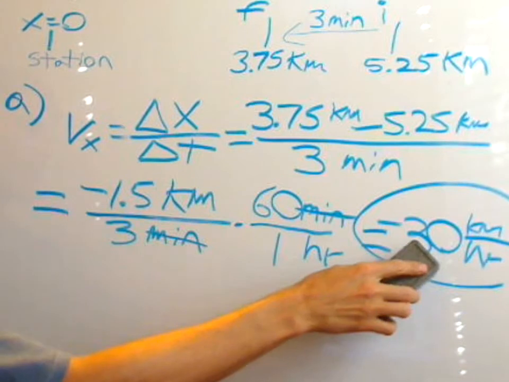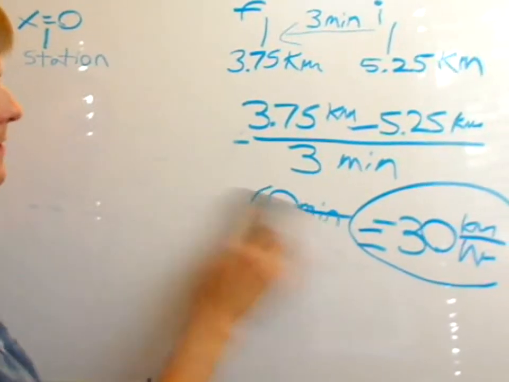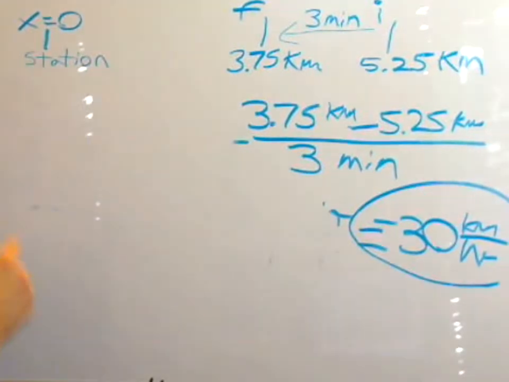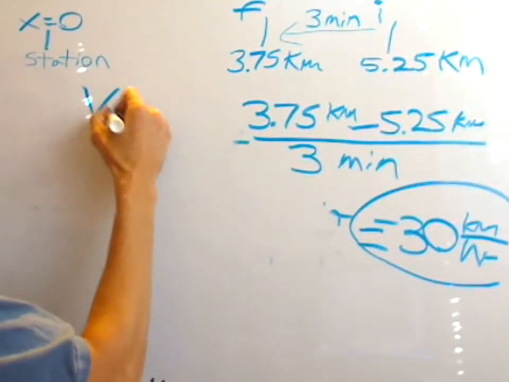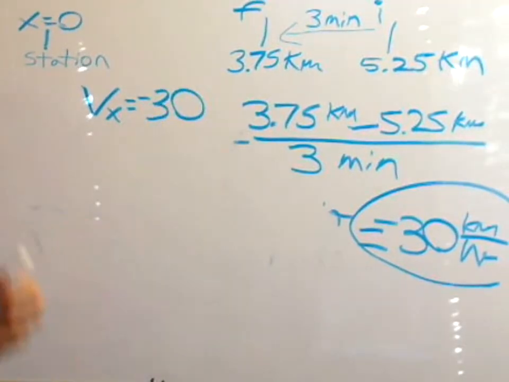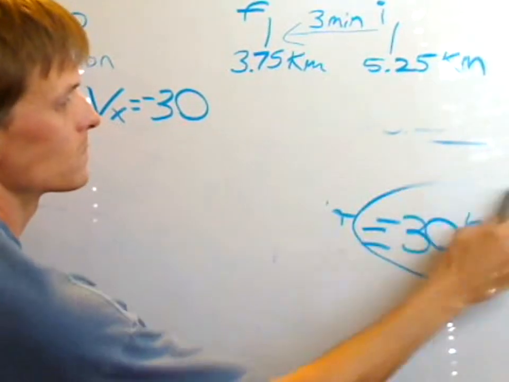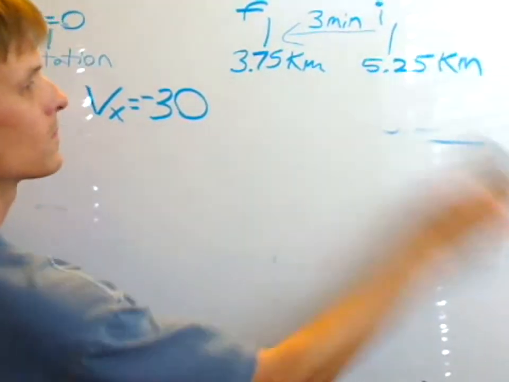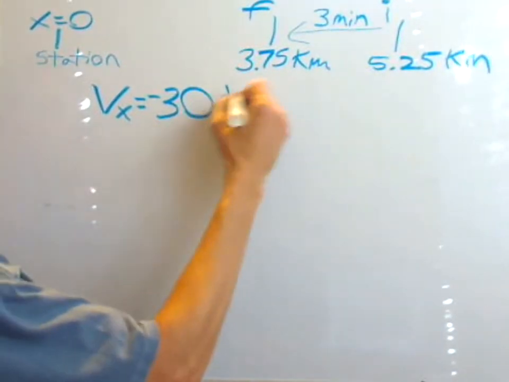But we're going to keep this answer. We'll write that up somewhere here. So the velocity was negative 30 kilometers per hour.